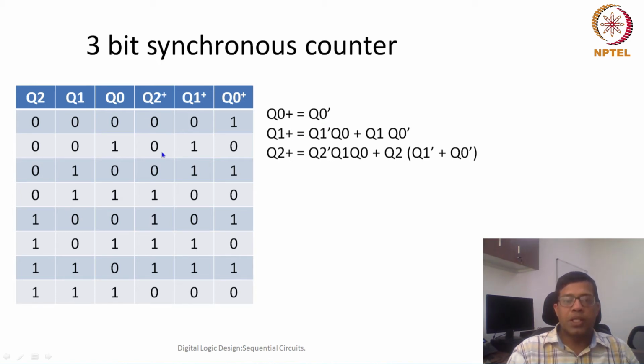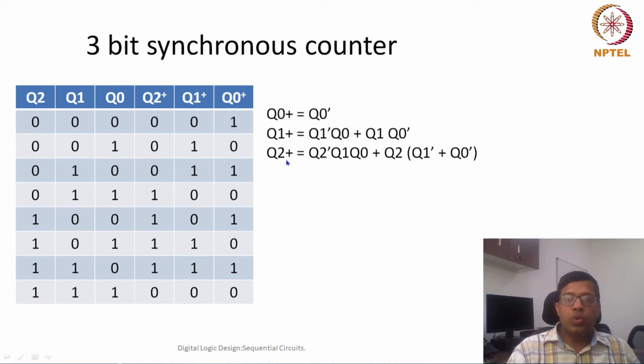Similarly, Q1 plus is 1 only in these two circumstances. That means Q1 dash Q0 or Q1 Q0 dash, which is also an XOR operation. Okay, so here also this is 1, but the condition is similar: Q1 dash Q0 or Q1 Q0 dash.